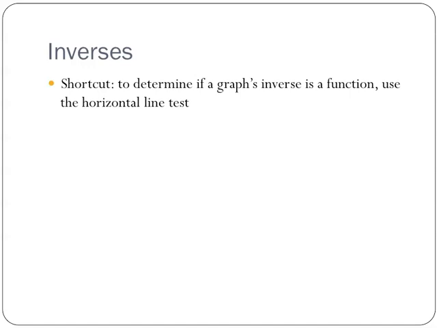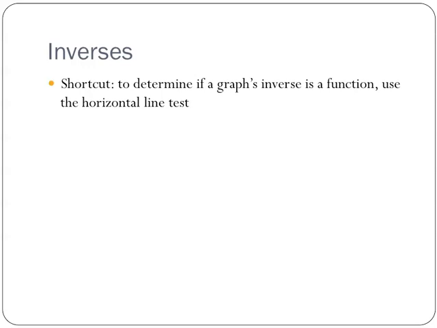With that last example, instead of having to graph the inverse and then apply the vertical line test, you could have just used the horizontal line test on y equals x squared, on the yellow function there. The horizontal line test works the same way as the vertical line test. If there's some way that you can draw a horizontal line that goes through the function in more than one place, then you know that the graph's inverse is not going to be a function.